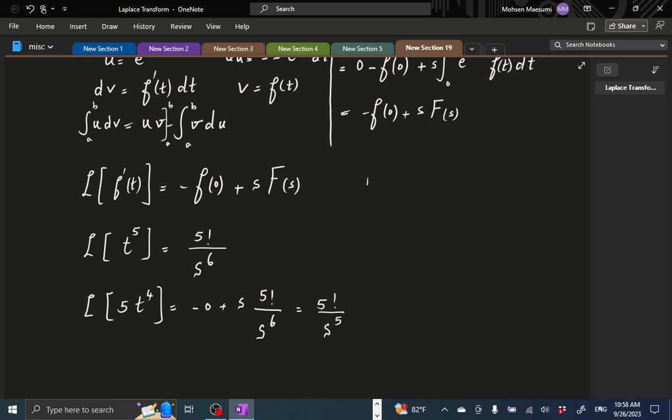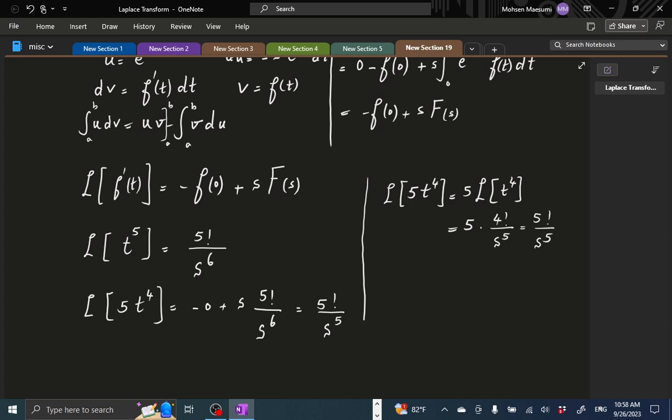Now if I were to have calculated this from the tables we had last time, 5t^4, before this theorem I would have done it like this: 5 times the Laplace transform of t to the power of 4, and that would have been 5 times 4 factorial over s to the power of 5, and 5 times 4 factorial is just 5 factorial, and I have my s to the power of 5.